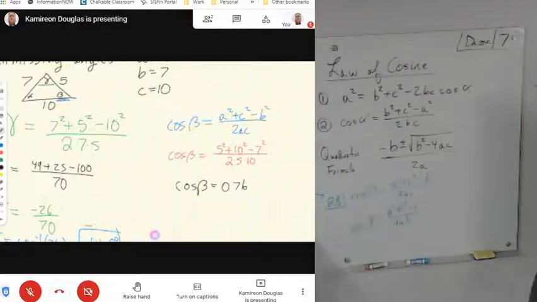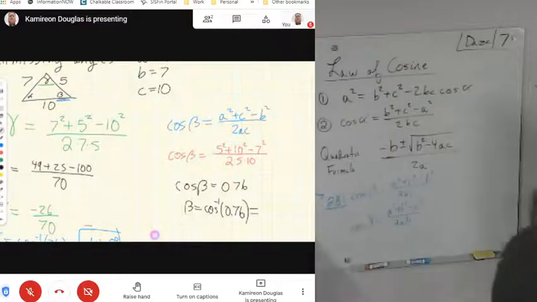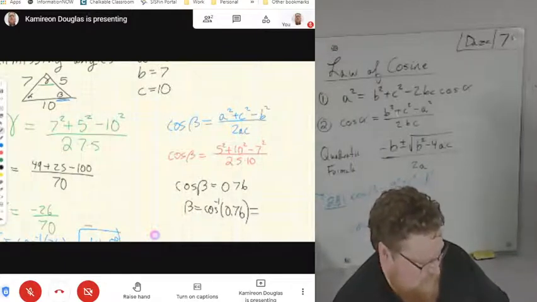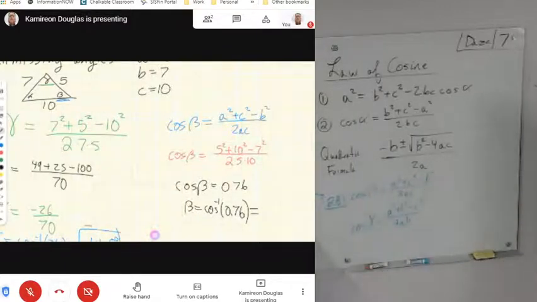Now to get beta by itself, I use an inverse. Beta is equal to cosine inverse of 0.76. And I will get my solution, which is 40.5 degrees.